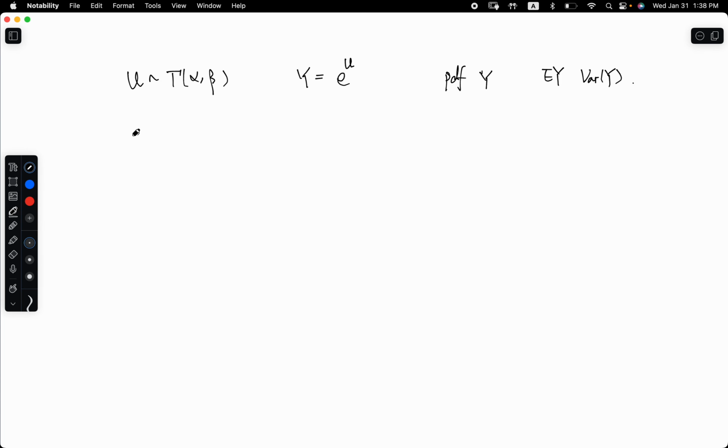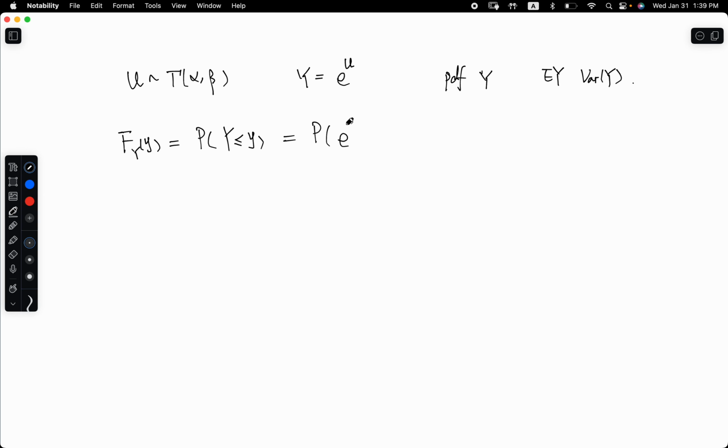In doing so, we need to use the CDF method first, starting with the CDF of Y, which is equivalent to the probability that Y is less than a particular observation.